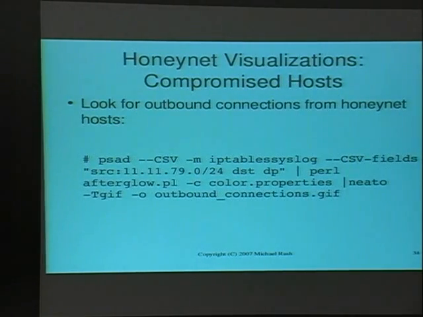Okay, so I knew that this was a Honeynet, so hopefully there were some compromised boxes in there. I used psad in the CSV mode to parse the iptables log file, this 39 megabyte file, and I told it that I wanted to graph only the source, destination, and destination port values such that the source address came from the Honeynet.